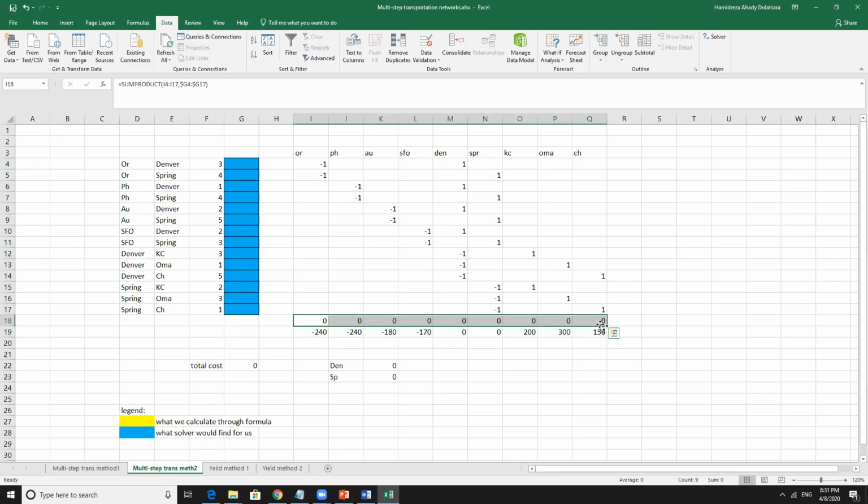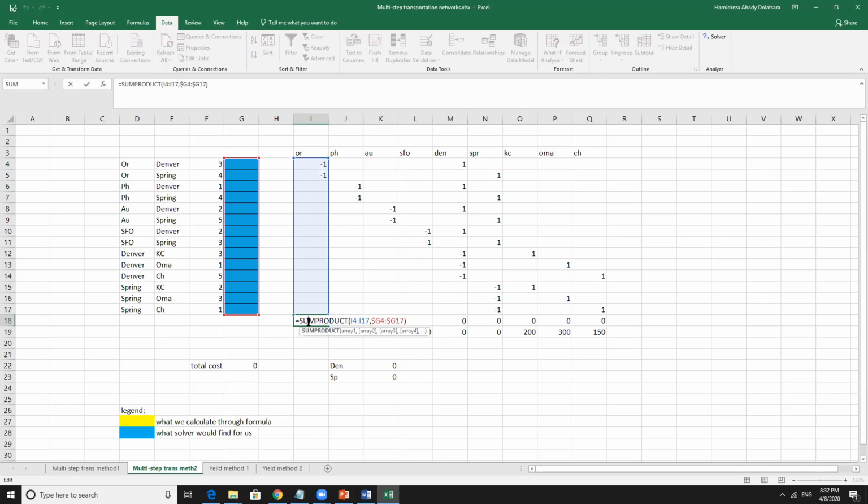come from our calculations. So basically, if I click on one of them, you can see summation of -1, just a coefficient for inflow outflow, times the blue cells that Excel would tell us how many you sent. And same for the others.